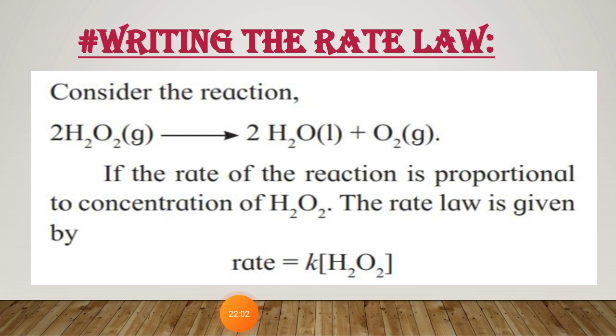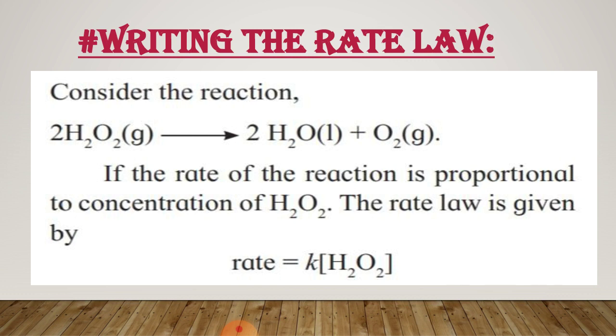How do we write the rate law? Here a reaction has been given. Consider the reaction 2H2O2 gives 2H2O plus O2, where H2O2 is hydrogen peroxide, and H2O is water plus oxygen.